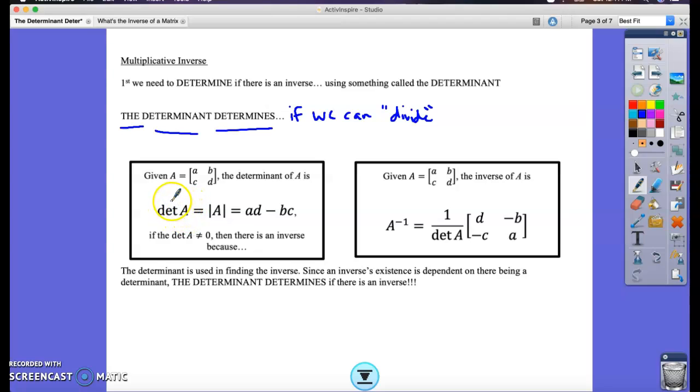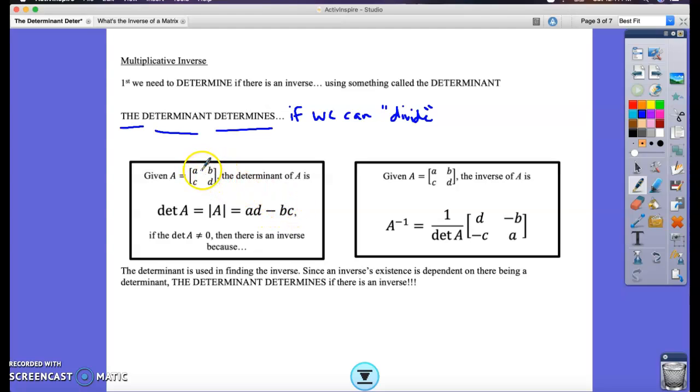DET stands for determinant. Also, instead of having the brackets around it, you may see absolute value bars. We did that when we did vectors as well, when we were finding the magnitude. So it's not new that we have these absolute values meaning something more than absolute value. So it equals ad minus bc.